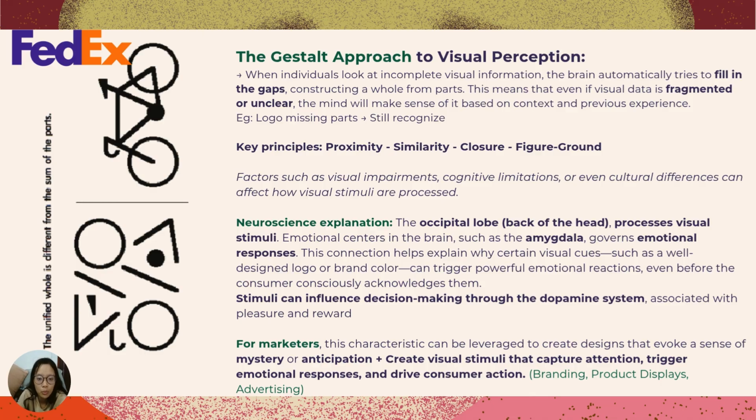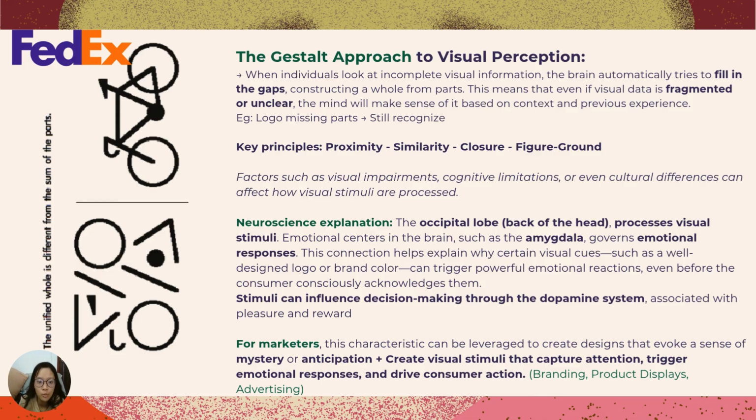Similarly, cultural variation in color symbolism may result in different interpretations of a brand's visual cues. These challenges highlight the need for marketers to consider diversity when designing visuals for a global audience, ensuring that messages conveyed through visual stimuli are clear and universally understood.